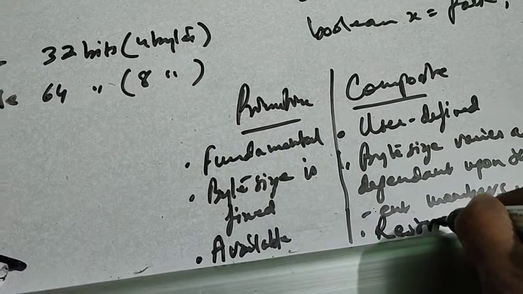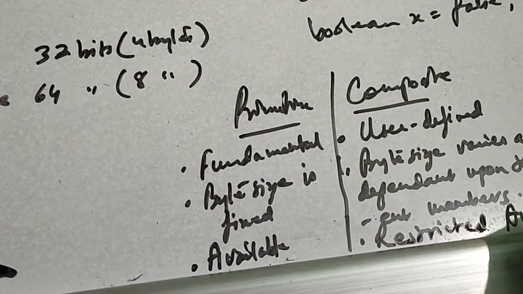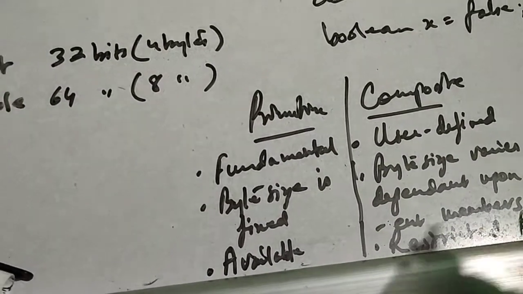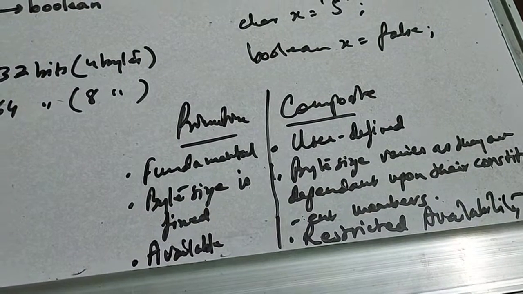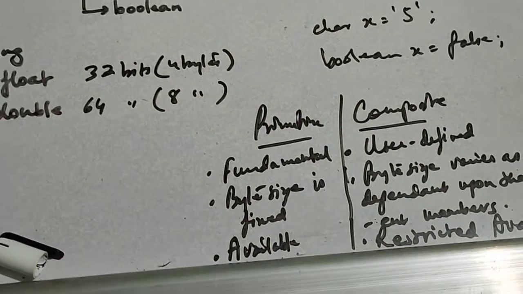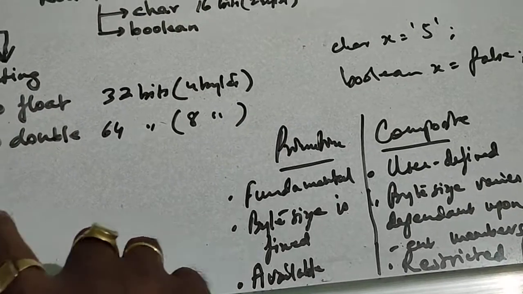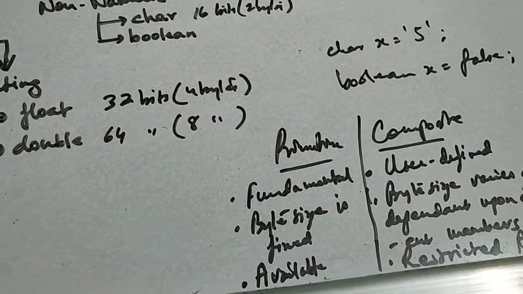Please remember, restricted availability is there. Their availability is restricted only within the program, within a class, whereas primitive data types are not restricted, they are available throughout the program.